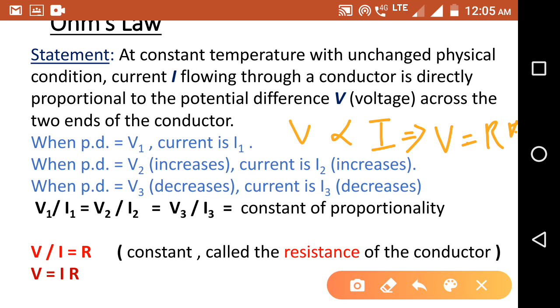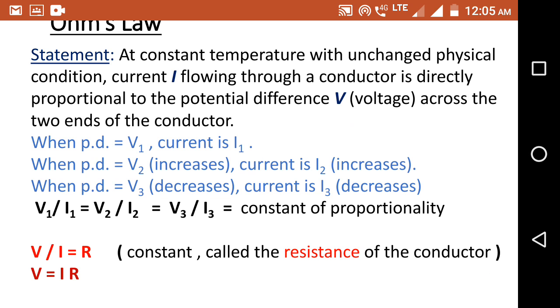So we have V equals I into R. Or we can say that this V by I is always a constant R. This constant R is called the resistance of the conductor.